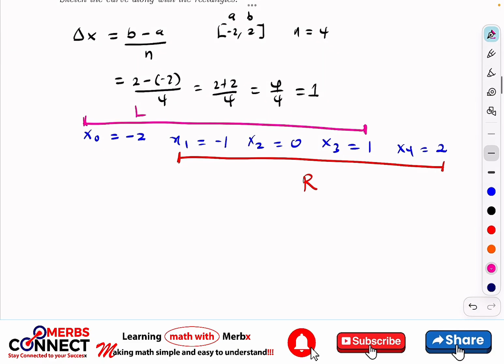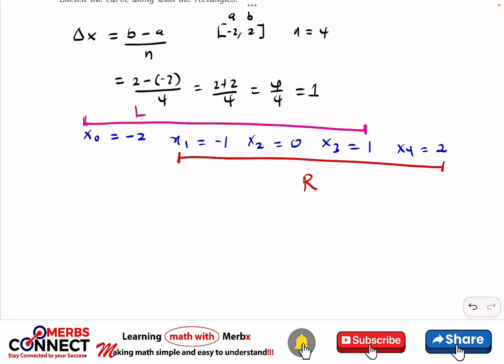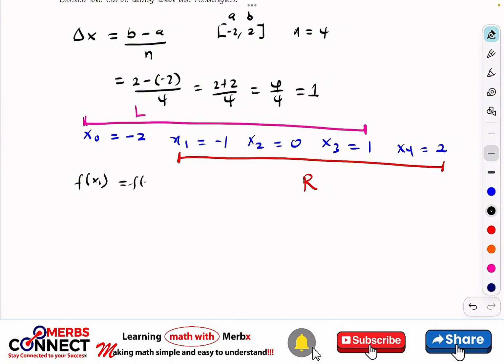So let's do this. Now, since we have the base, which is the change, we need the height, right? So that we can multiply. So now let's look for them. We don't need this, so we don't even need to solve for this. So we need f of x1, which is equal to f of minus 1. We need f of x2, which is equal to f of 0.